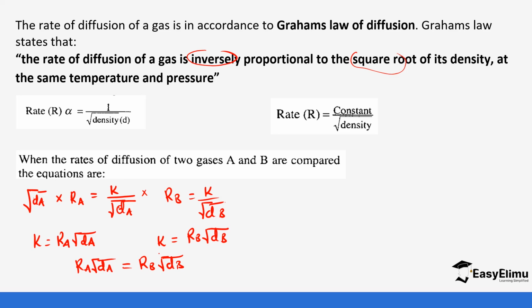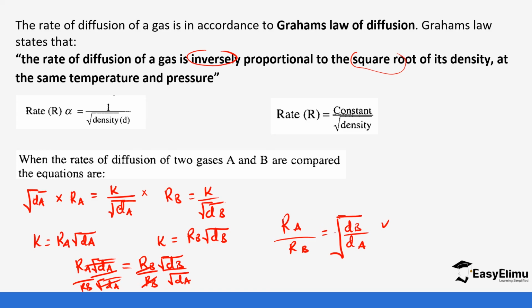If you want to leave the rates on one side, we divide by the square root of density of A on both sides, and then divide by the rate of B on both sides. We end up getting the rate of A over the rate of B is equal to the square root of density of B over density of A. This gives us the first formula in regard to Graham's law of diffusion.